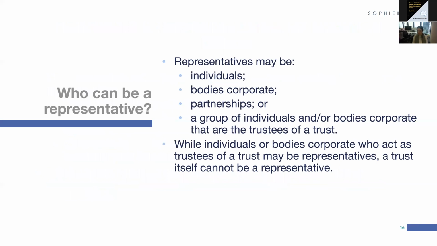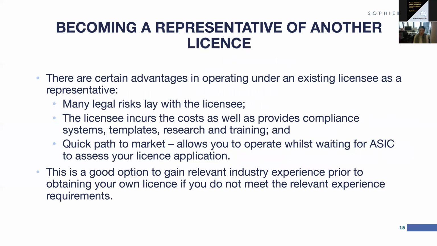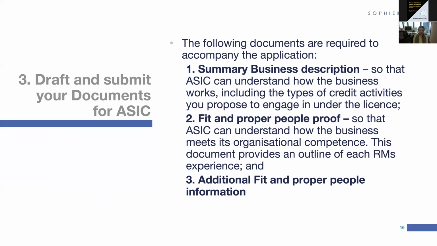So we've had another question come through that says, is it both the qualification and experience requirements together? Yes, it is. So you need to satisfy both elements of the responsible manager criteria. If we just go back to the AFSL slide.